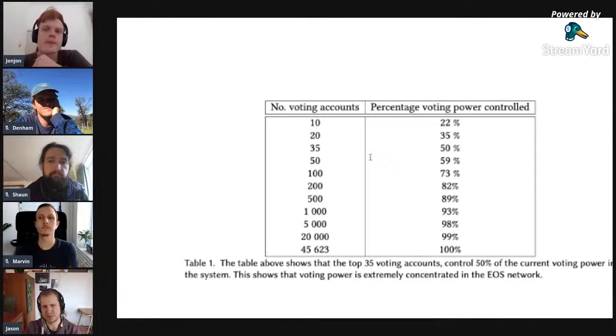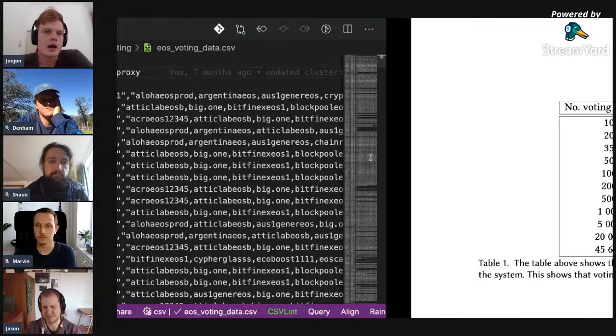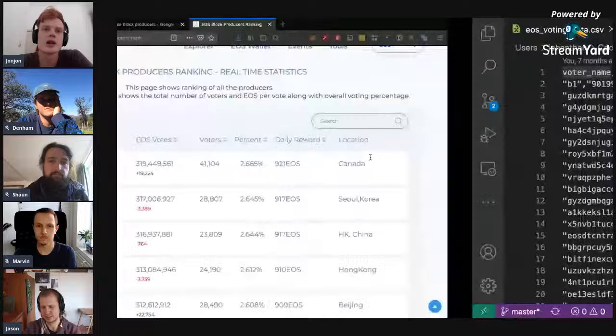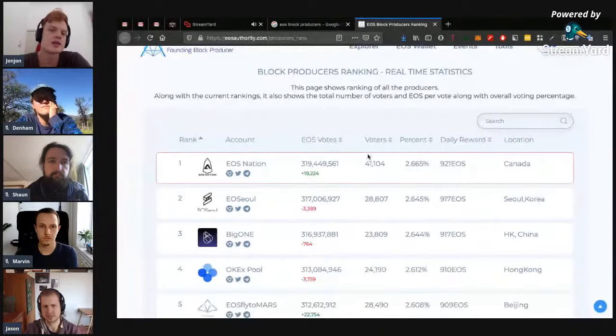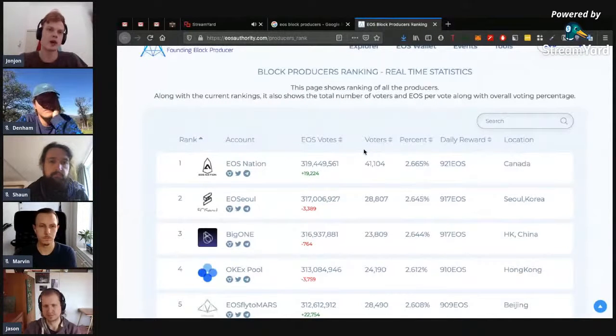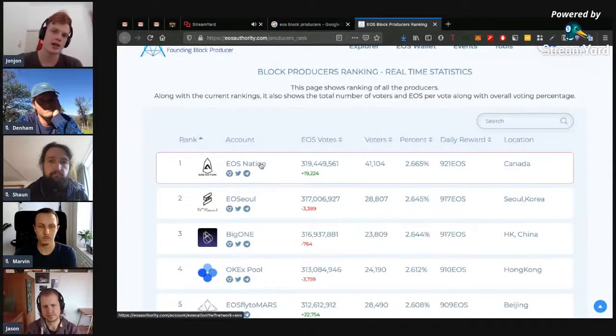So, you basically earn by staking, right? So in theory, the people who stake get richer, and I don't know if that's been analyzed. 100%. I just did the analysis in a snapshot of time, so I haven't looked at it over time, but in theory, you're right. Every single day, EOS Nation is getting 921 EOS as a reward.